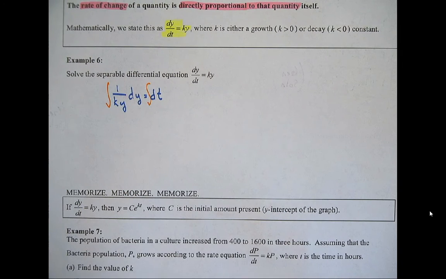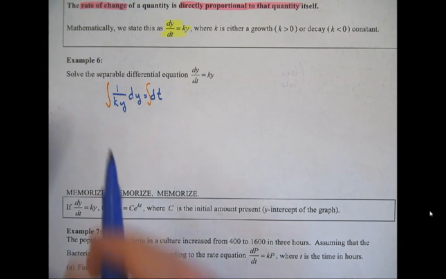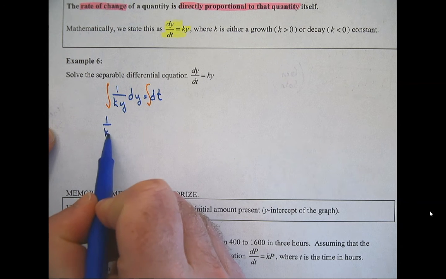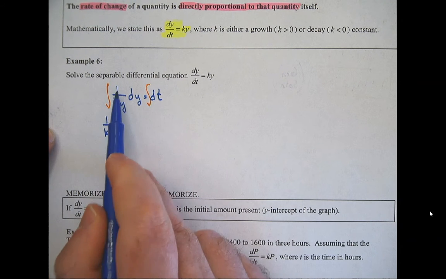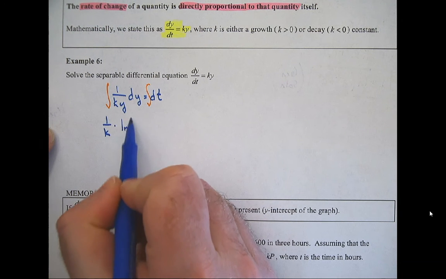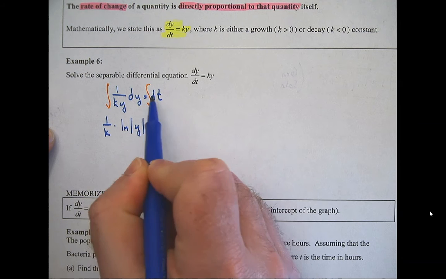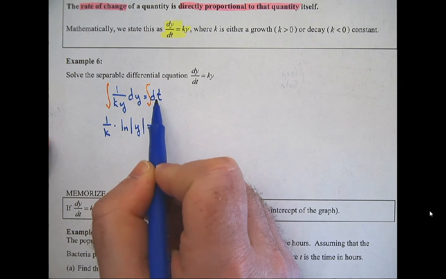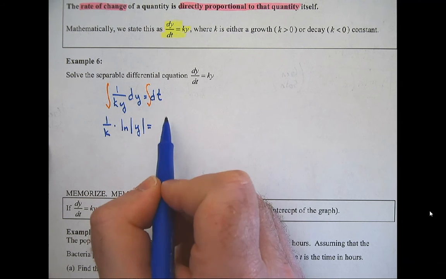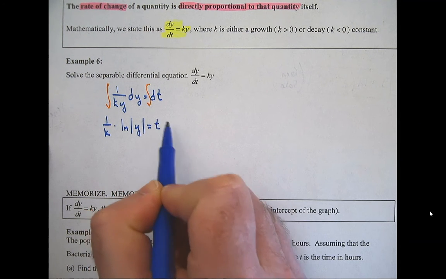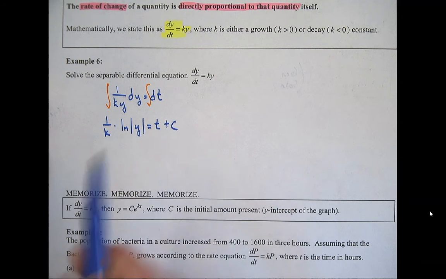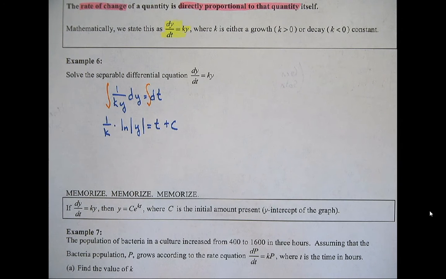Okay, so first of all, 1 over k is some constant. So I'm just going to take that constant out front, times the integral of 1 over y, which is the natural log of absolute y. And then what's the integral of dt? Well, that's like saying 1 dt. So when I integrate 1, I would just get t. And then don't forget your plus c because we're in the general situation here.